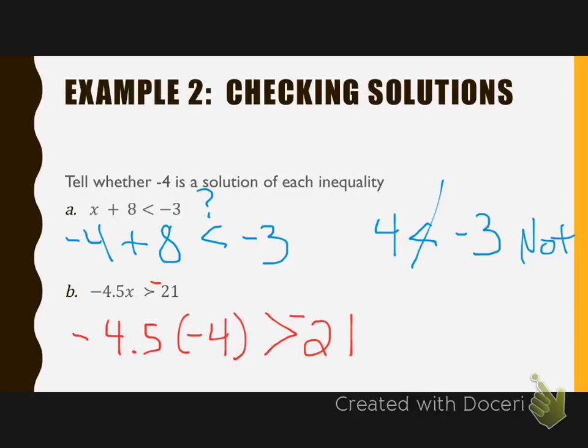Let's see, negative 4.5 times negative 4. Remember, when there's no sign in between there, it's multiplication. So that ends up with a positive 18, because negative times a negative is a positive. Is that greater than negative 21? Yes, it is. So yes, it is a solution.